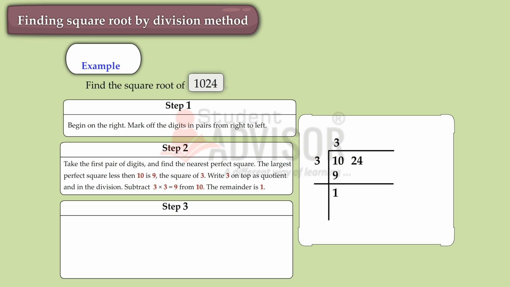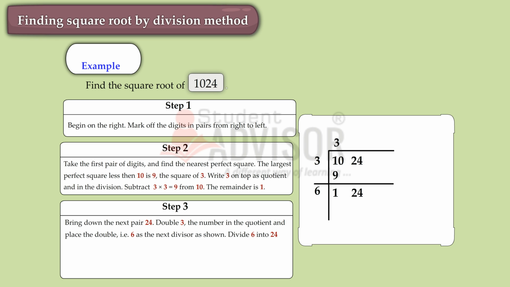Step 3. Bring down the next pair 24. Double 3, the number in the quotient, and place the double, that is 6, as the next divisor as shown. Divide 6 into 24 to obtain 2. Write 2 in the quotient to the right of 3, and to the right of 6 in the divisor.